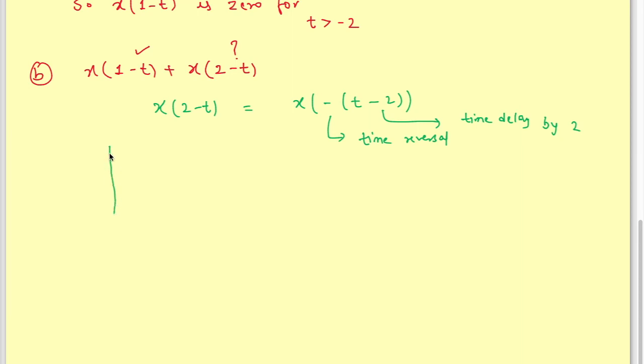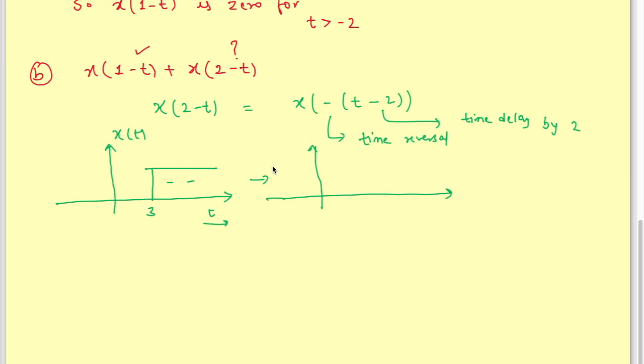This is my x of t here. Then I have to do time reversal, so it will look something like this. Minus 3, here it is 0.